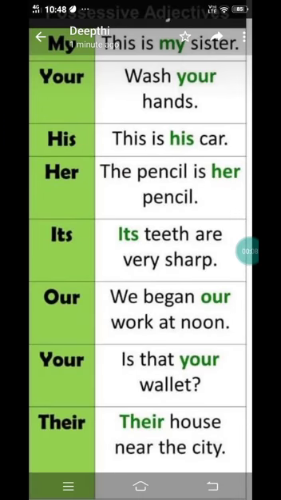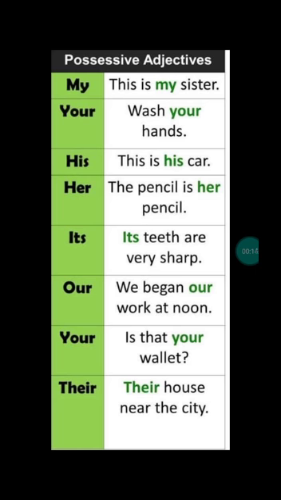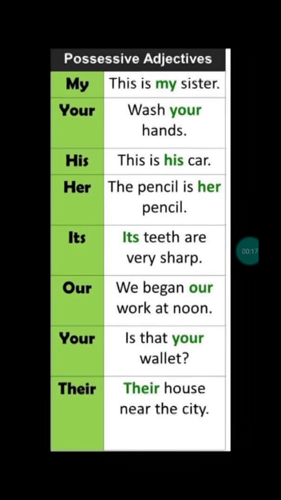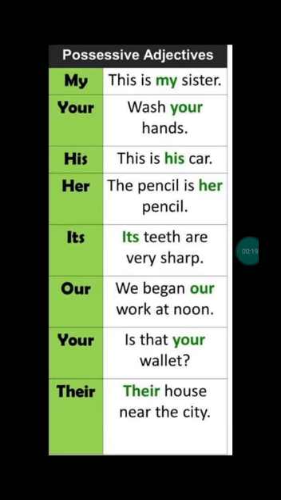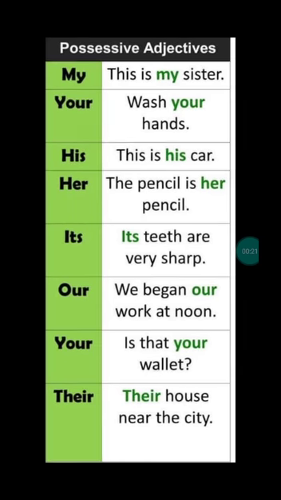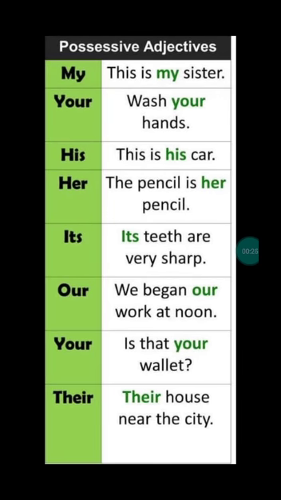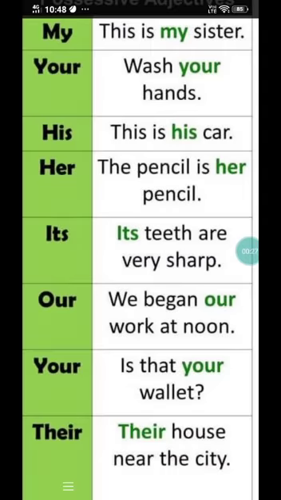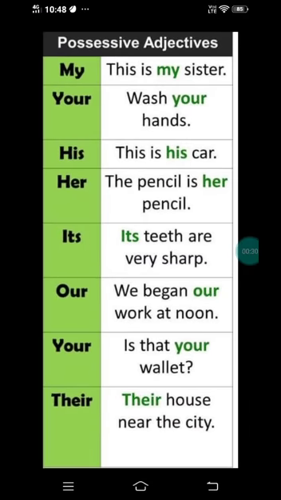Before going into today's topic, let's have a quick recap of yesterday's topic. We have learnt about possessive adjectives, right? Where we show possessiveness, which means where we show ownership towards our things. Adjectives describe nouns.